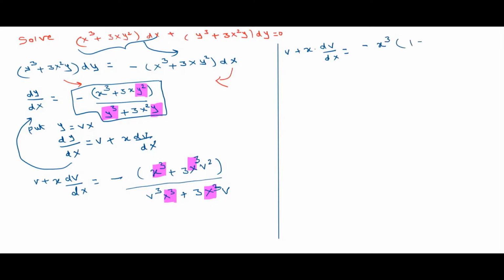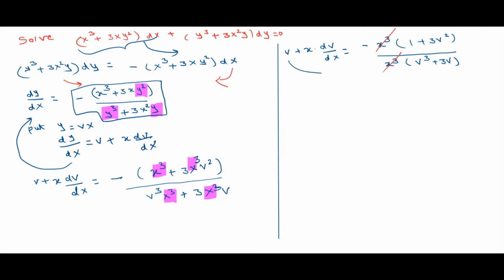Write down the remaining terms: 1 plus 3v square divided by v cube plus 3v. Here this x cube and x cube get cancelled.